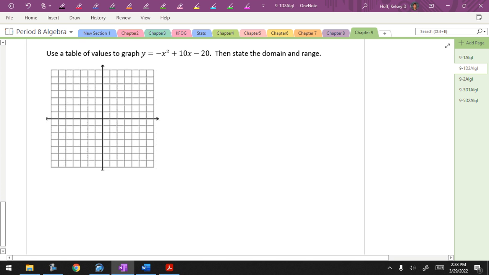On your own, see if you can find me the vertex. Don't do anything else. Just find the vertex, because if you screw the vertex up, the rest is a bad, bad situation.